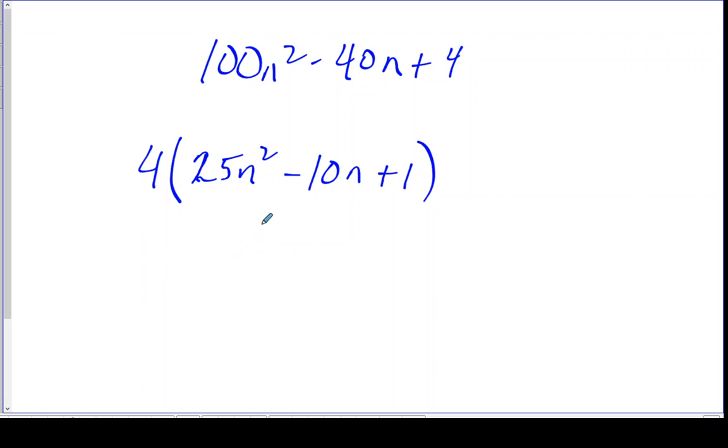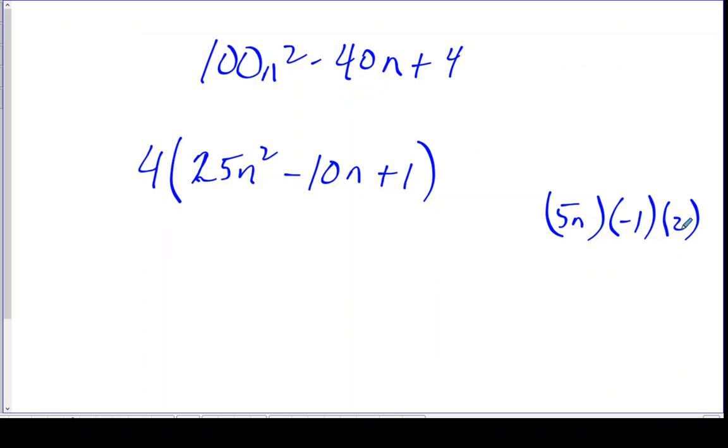And so if I want to think about this as being a perfect square trinomial, I want to check it and see if it is. What's the square root of 25n squared? 5n. What's the square root of 1, knowing that it's got to be negative here? It would be negative 1, because negative 1 times negative 1 gives you 1. Remember, you've got to double it. And when you double this, what do you get? 5n times negative 1 is negative 5n.